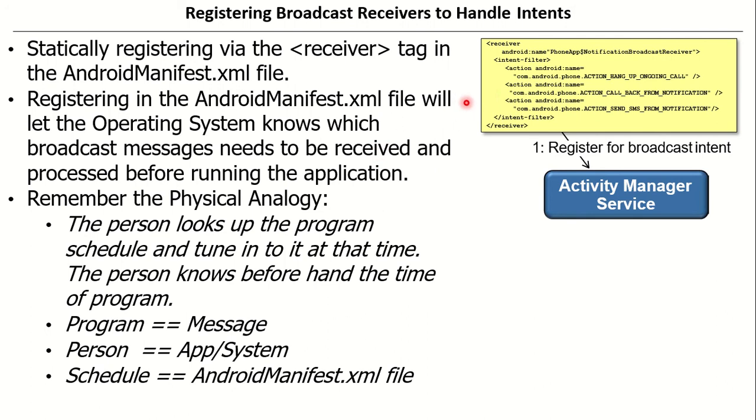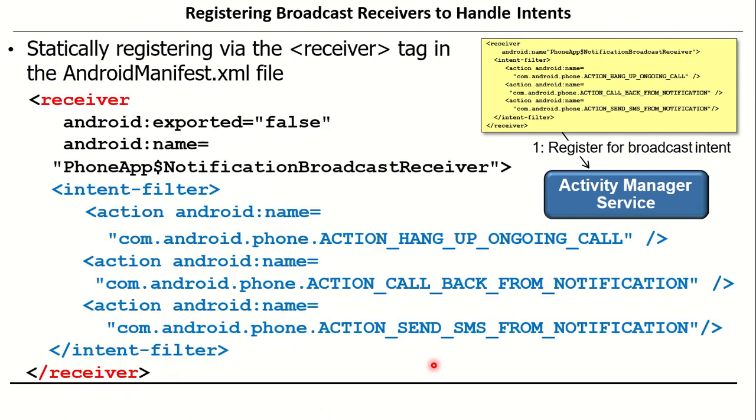That is, beforehand or statically, the operating system and other apps know which application the intent is for. So your program is your message, the person tuning in is your application or a system, and the schedule that you look at is the AndroidManifest XML file.